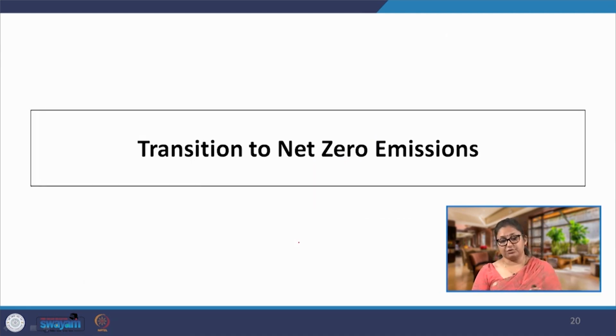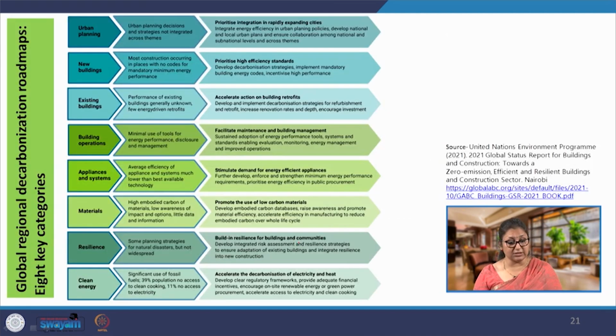Now, if we have to transition the building and construction industry to net zero emissions, then we have to act. There are certain aims that we have to set for each of these activities. As I said, urban planning, new buildings, existing buildings, they are all party to how the buildings will perform. What will be their energy consumption and emission intensity?